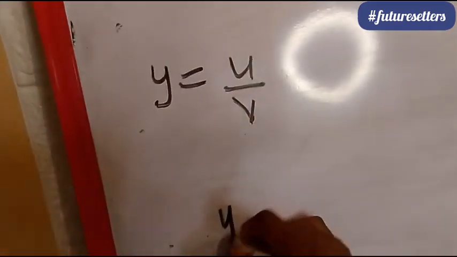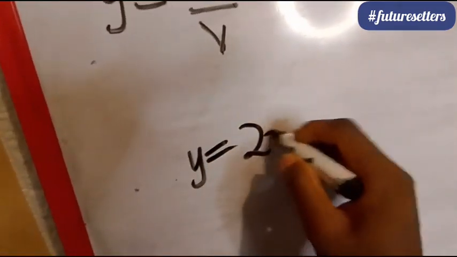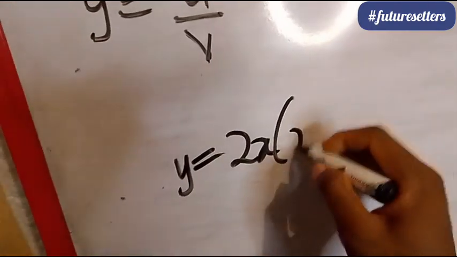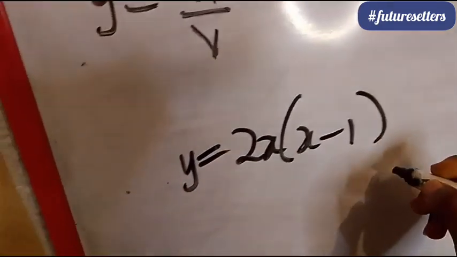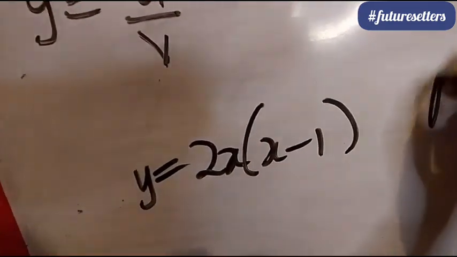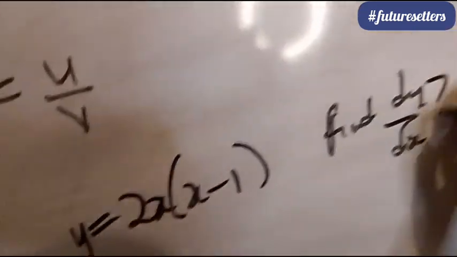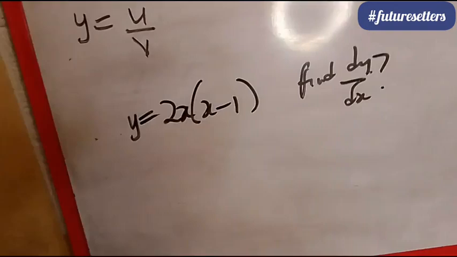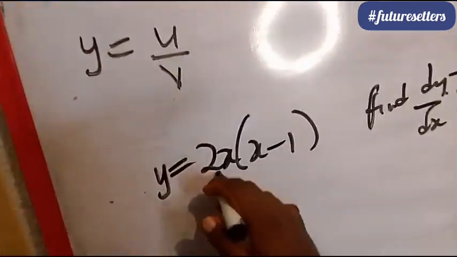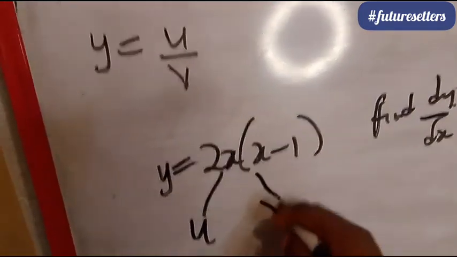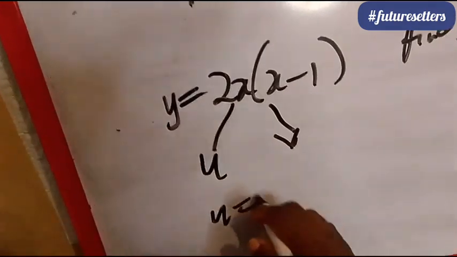So let's give an instance where you have y equal to 2x into x minus 1. Now, you are told to find dy dx. When you are told to find dy dx in this situation, all you need to do is indicate this is u and this is v. So say u equal to 2x.